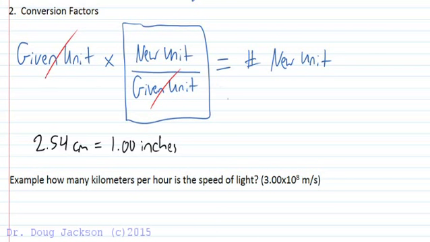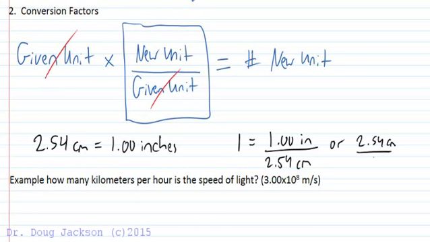I could choose to divide both sides by 2.54 centimeters, which would give me 1 equals 1 inch over 2.54 centimeters, or I can go the other way and divide both sides by 1 inch, and I would get 1 equals 2.54 centimeters divided by 1 inch.